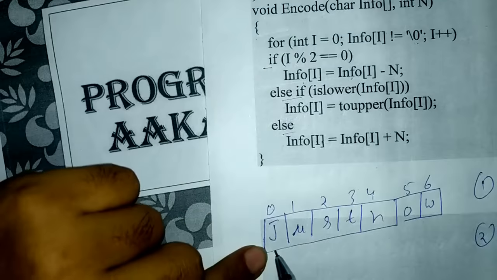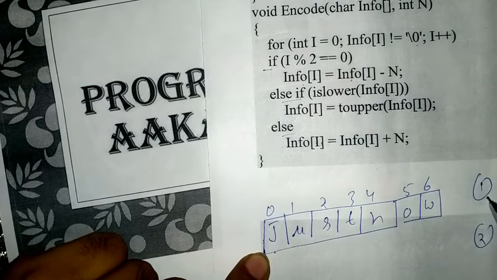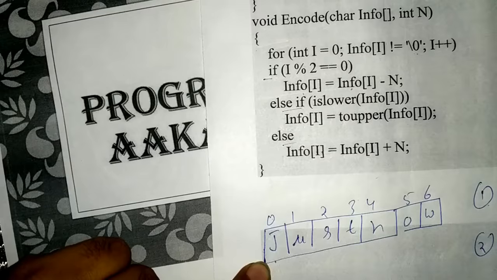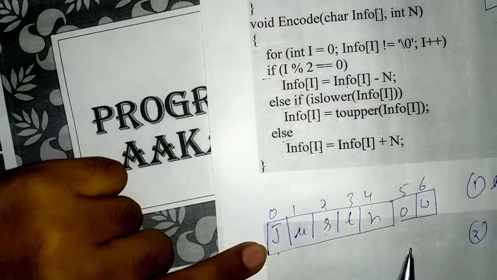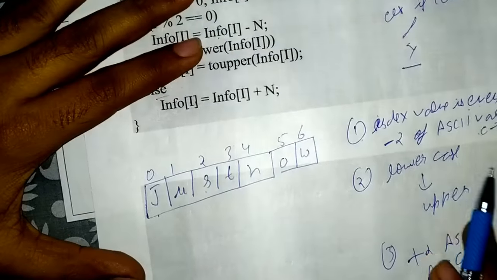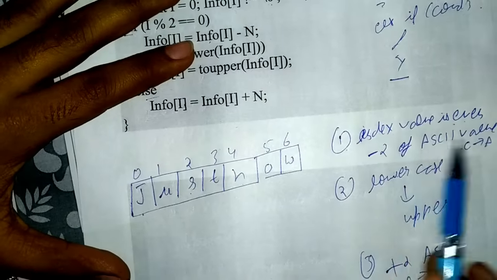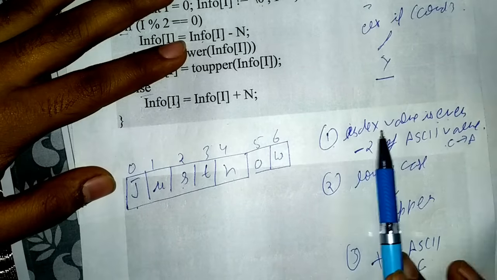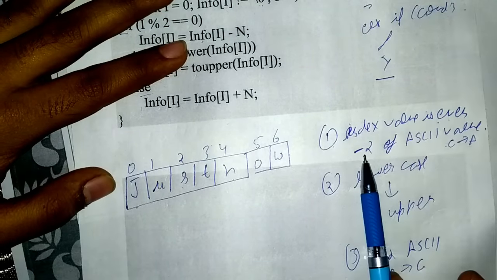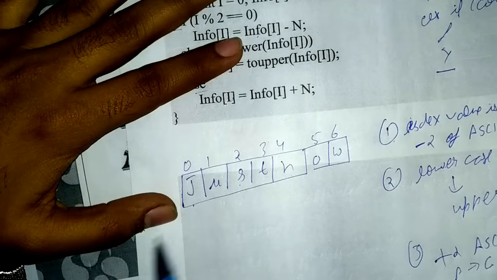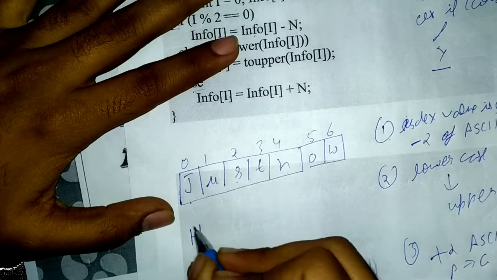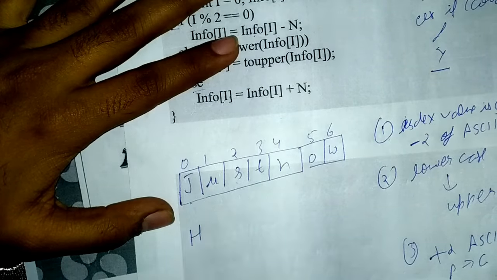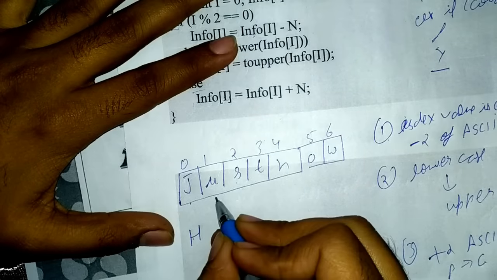Now, take the first character, J. Checking our conditions, which we have written here: if the index value is even, we have to do minus 2 in the ASCII value, and 0 is even, so J will be minus 2. That means it will be H, because H, I, J. So J, I, then H, minus 2.